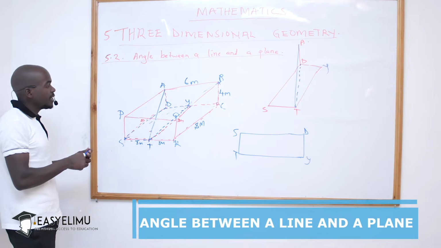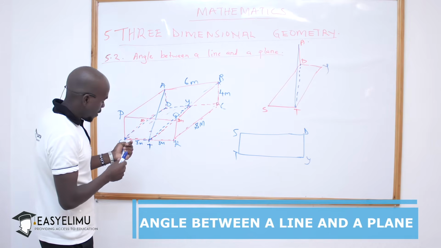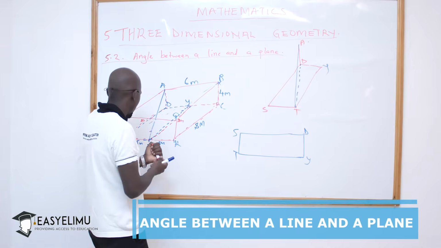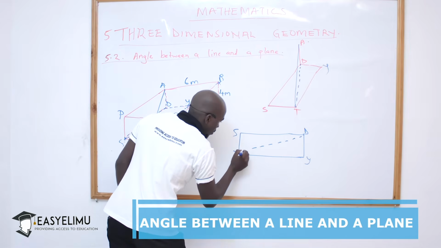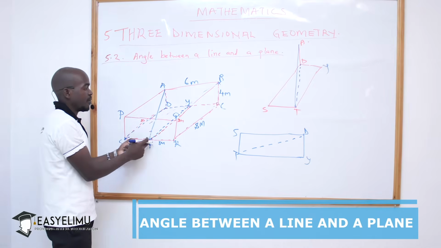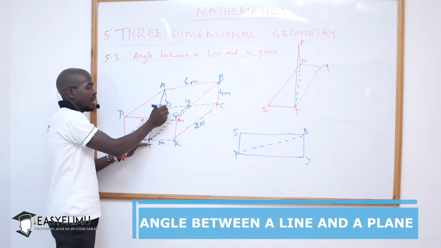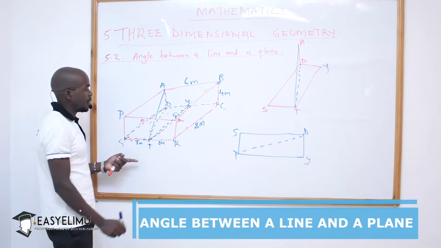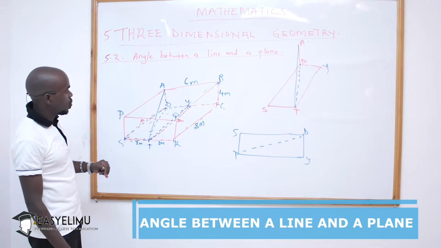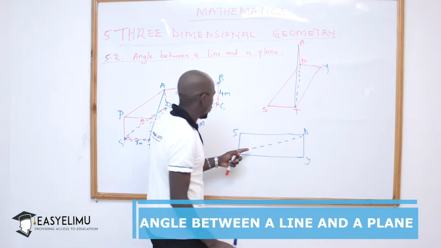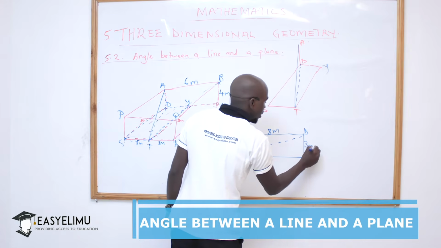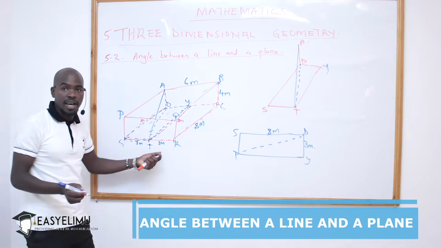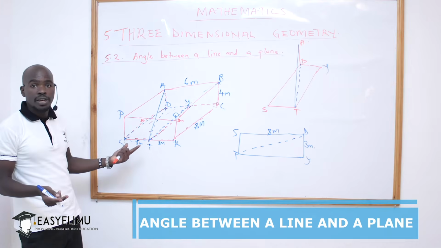So if that is the case, we can find the diagonal TD. To locate that one, we first need to find that one. And we know here is 8 meters. Here we have said it will be 3 meters because T is cutting SR into two equal parts. That is 3, 3.